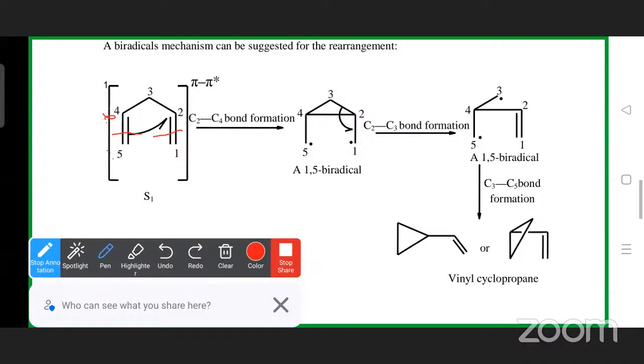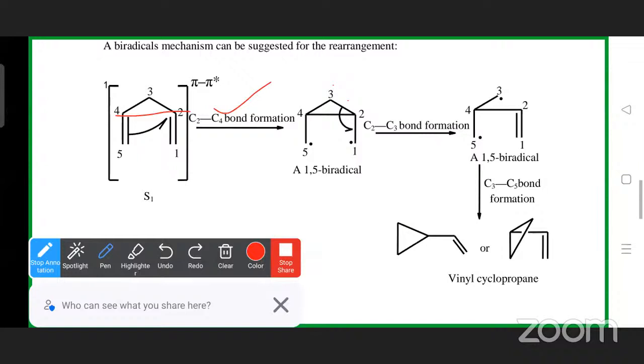These two radicals combine and form a C2-C4 bond, which leads to the formation of this cyclopropyl ring.